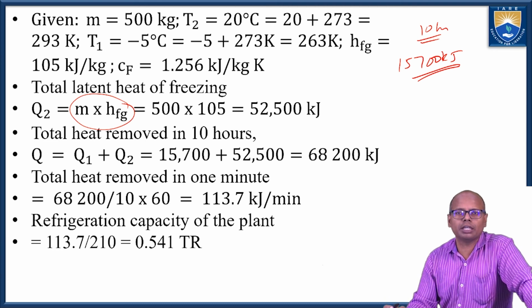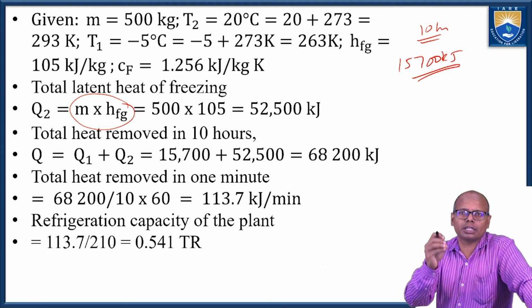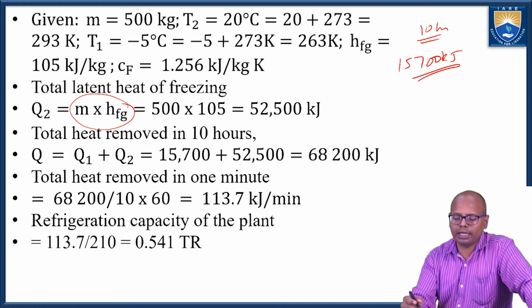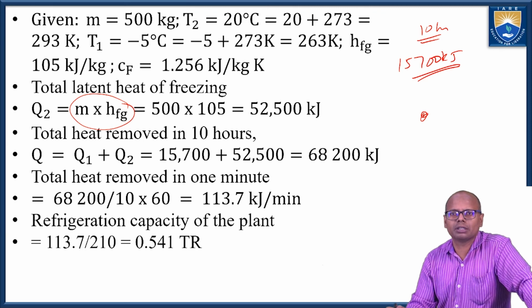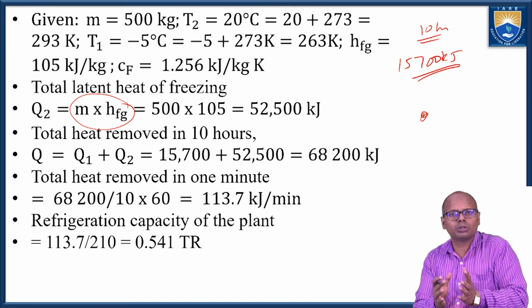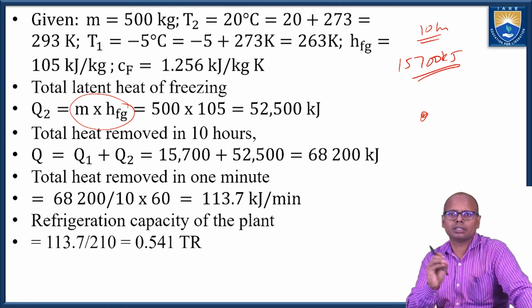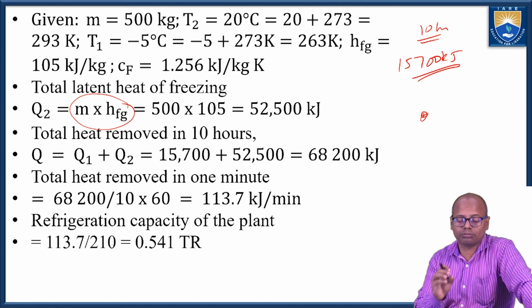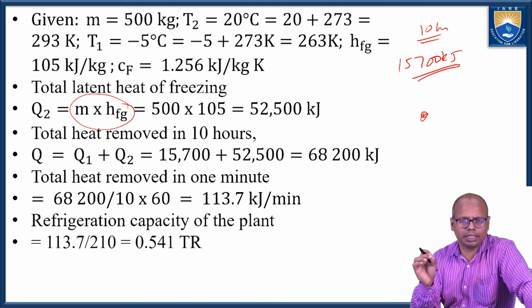It will give the amount of heat removed for making them freeze. So at 0 degrees centigrade, what happens? All the food will become very solid. Okay, so for that change in state, what do I have to do?